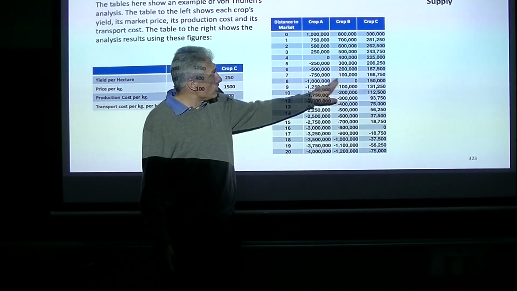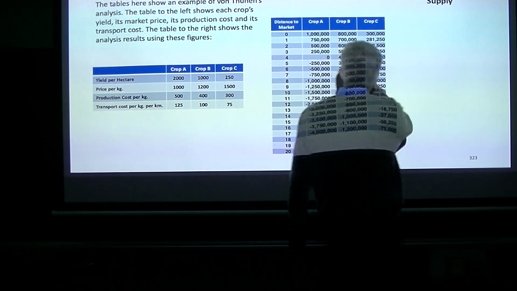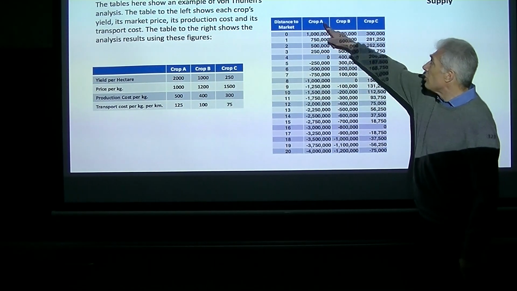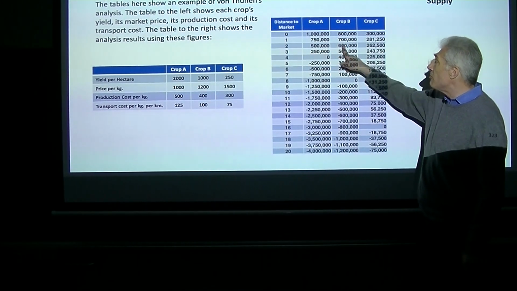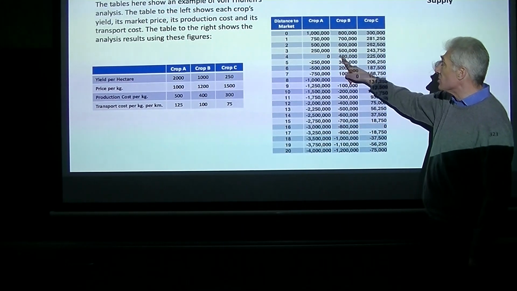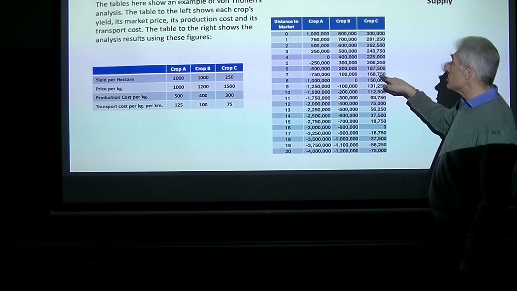Then crop B out to this distance, then crop C. And then you can also see where the outbidding occurs. Crop A outbids at 1 kilometer away, crop B outbids at 2 kilometers, and 3, 4, 5, 6 kilometers. But at 7 kilometers, then crop C.